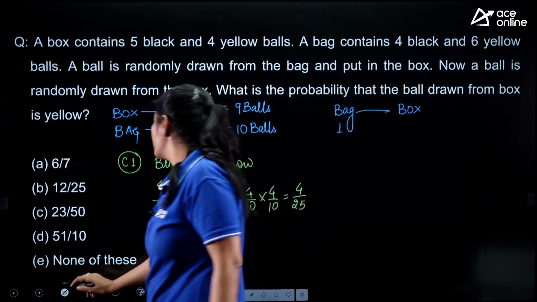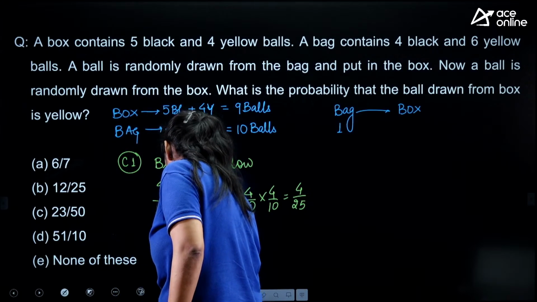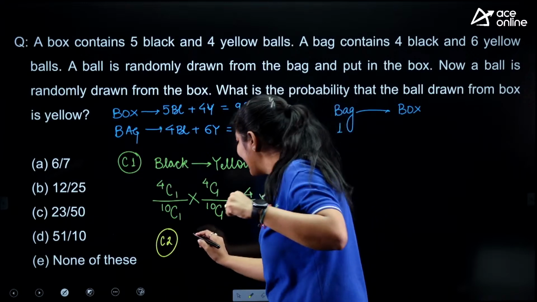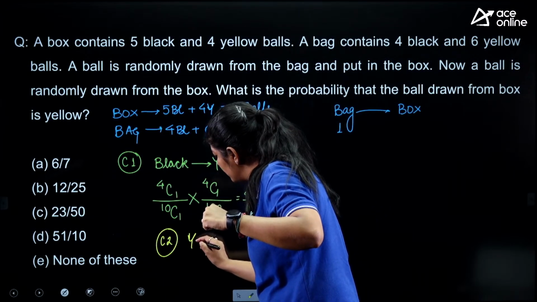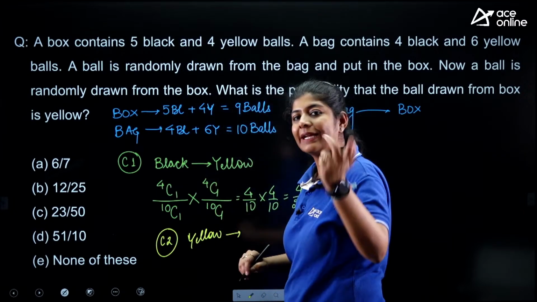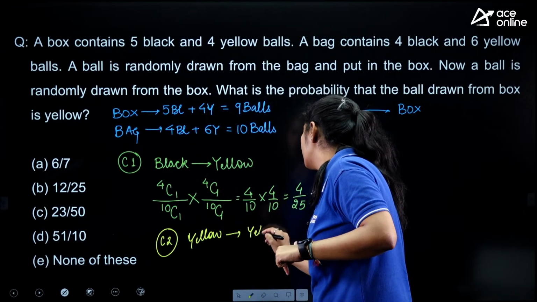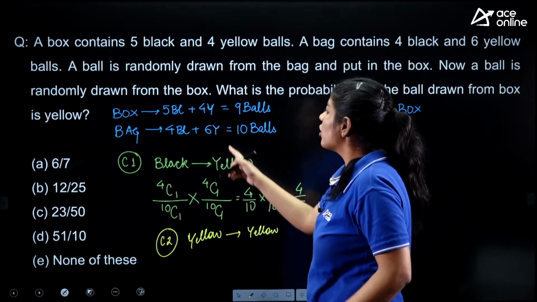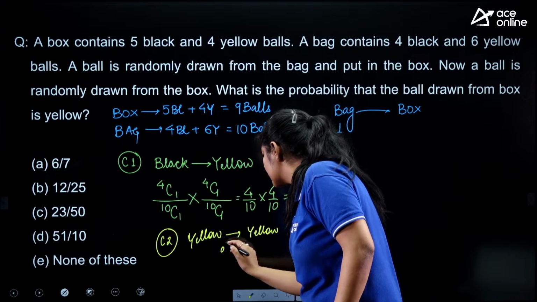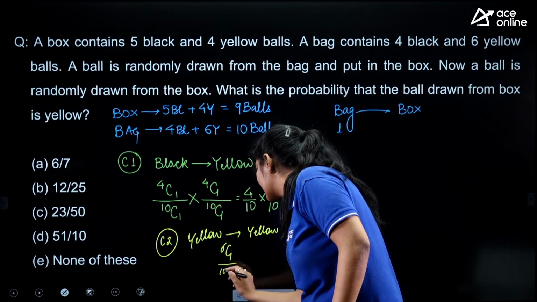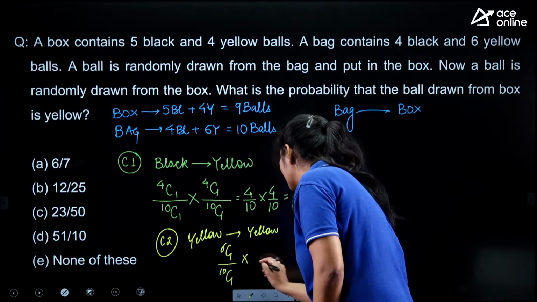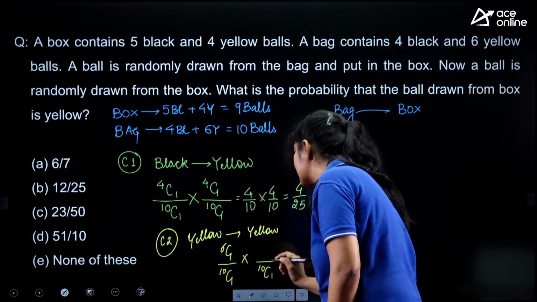Now case 2 is saying that when you are drawing a ball from the bag, at that time you will get a yellow ball. You put it in the box and again you are getting a yellow ball, right? So how many yellow balls are we having? 6, but we only need 1. 6C1 divided by 10C1. Now we put this ball in the box, so the total balls in the box is 10 now.